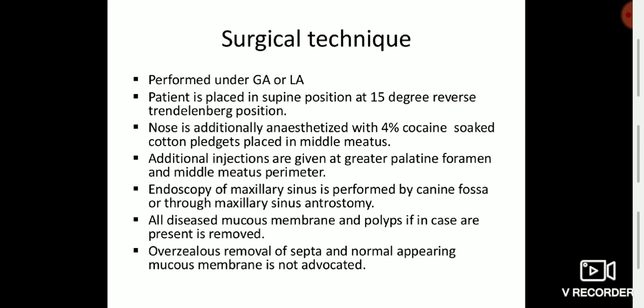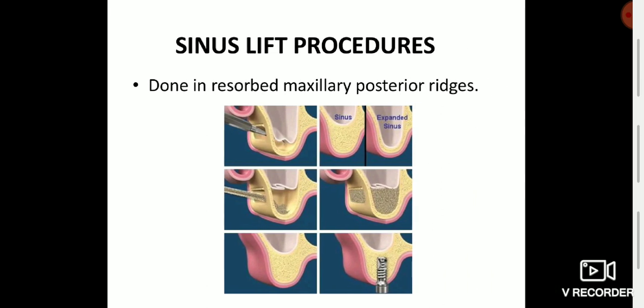Additional injections are given at greater palatine foramen and middle meatus perimeter. Endoscopy of maxillary sinus is performed by canine fossa or through maxillary sinus antrostomy. All diseased mucous membrane and polyps, if present, are removed. The overzealous removal of septa and normal appearing mucous membrane is not advocated.